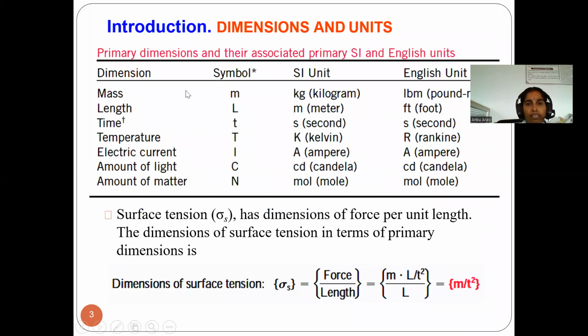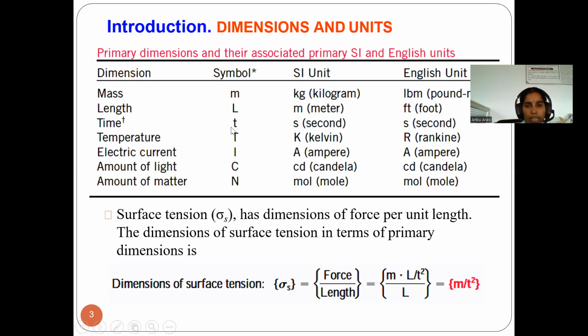Primary dimensions and their associated primary SI units. These are all the basic dimensions: mass, length, time, temperature, electric current, amount of light, amount of matter. Mass is denoted by the letter M, unit kilogram. Length is denoted by the symbol L, unit meter.